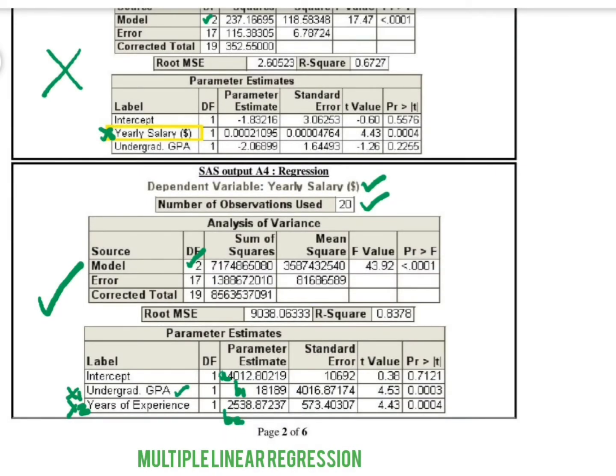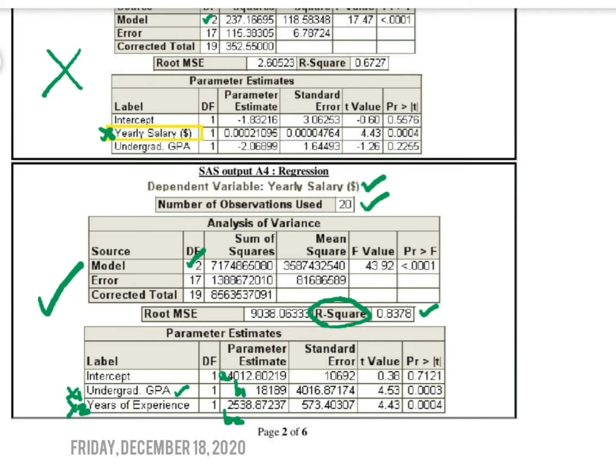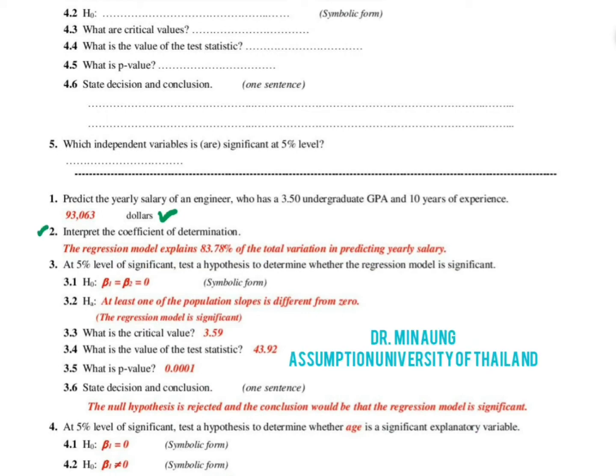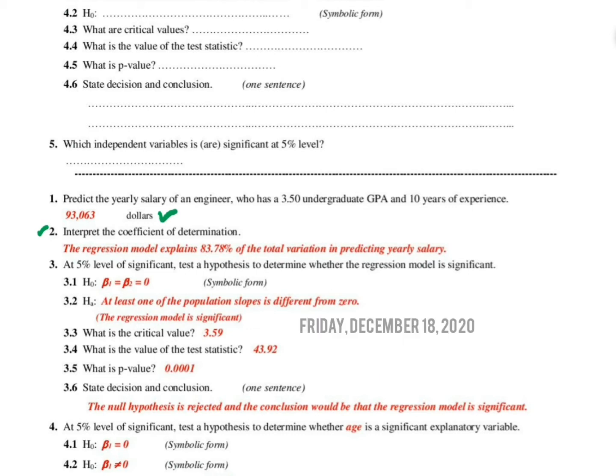R square is given here, 0.8378. If you change to percentage form, multiply by 100, 83.78%. Therefore, the interpretation is the regression model explains 83.78% of the total variation in Y. Y is yearly salary.